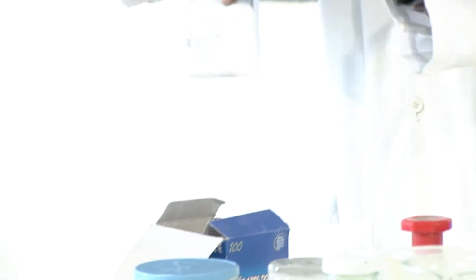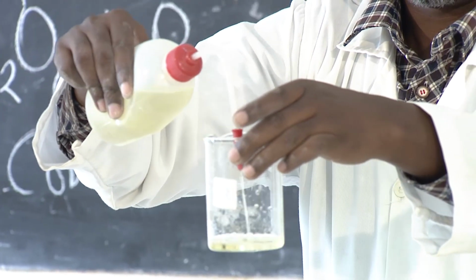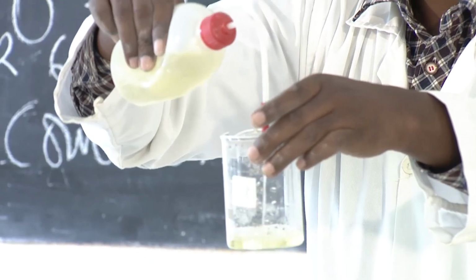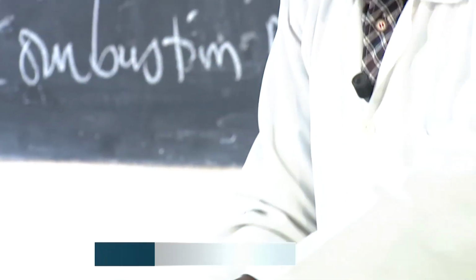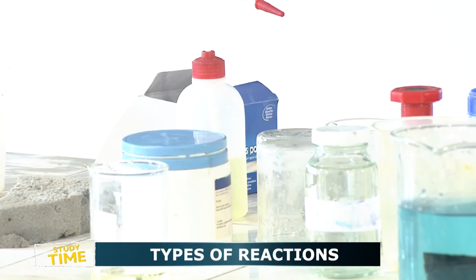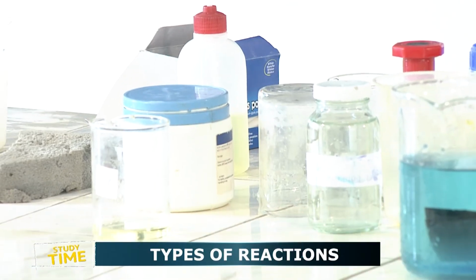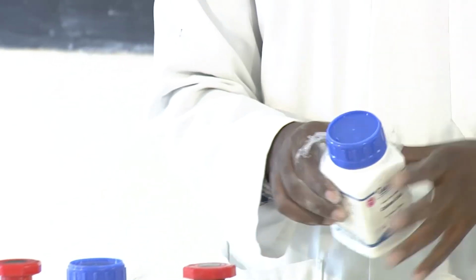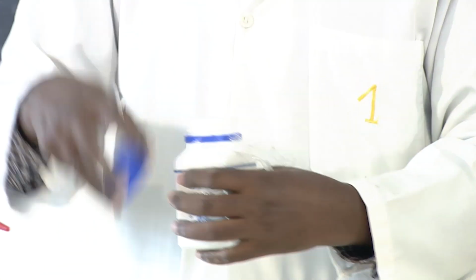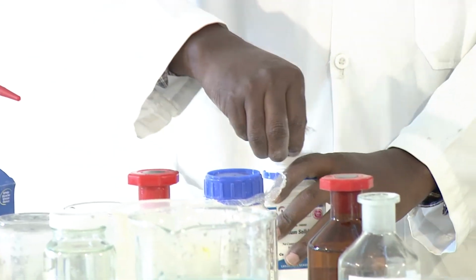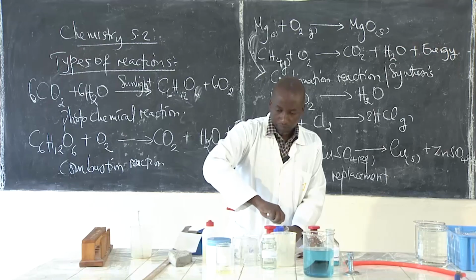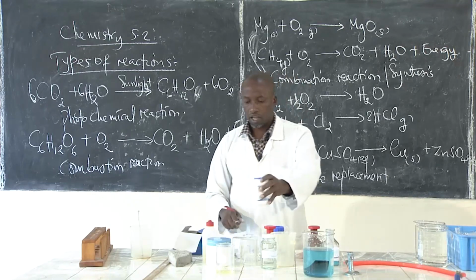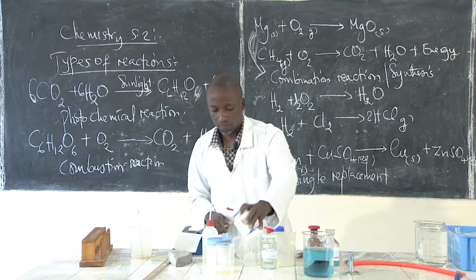So I can just put a little here in the beaker. Then we'll put in a little calcium metal. So this is also another example of a single replacement that we can look at that can help us to understand what is happening.